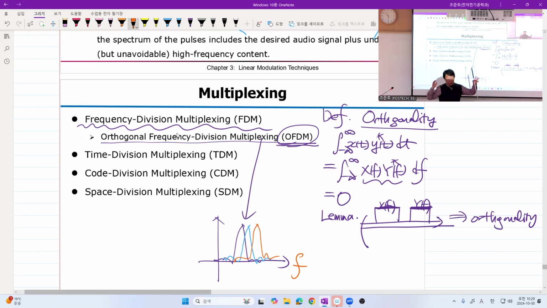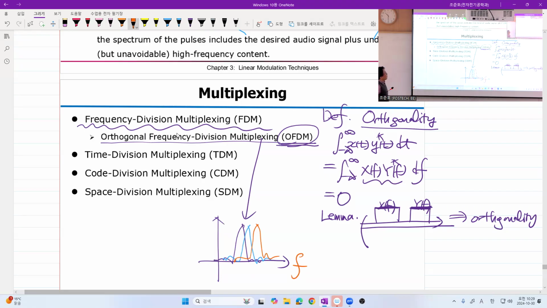So you can put the signals in a smaller bandwidth, retaining the orthogonality. So be careful. When you talk about FDM, frequency division multiplexing, some people allow overlapping in their definition. Some people do not allow overlapping in their definition. So be careful. Got it?